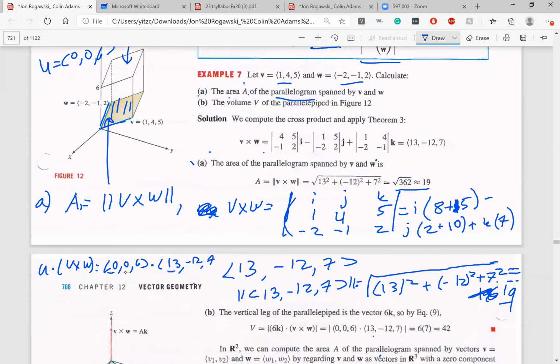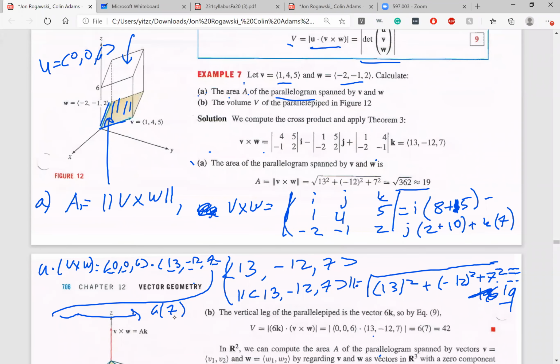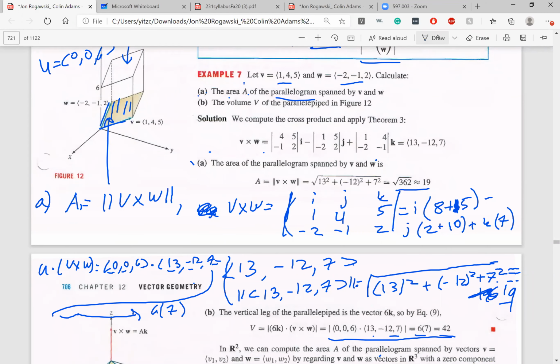This times that is 0, plus this times that is 0, so this is going to be equal to 6 times 7, which is 42. So that's that. Any questions?